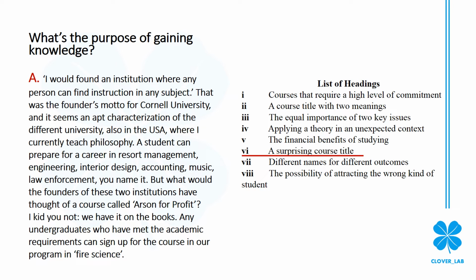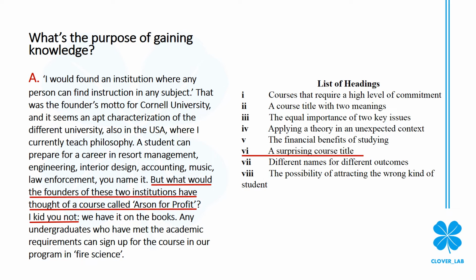Yet, there is no heading about the other contents. In section A, the author writes, "But what would the founders of these two institutions have thought of a course called Arson for Profit?" The author adds, "I kid you not," to explain that this course title is not a joke.